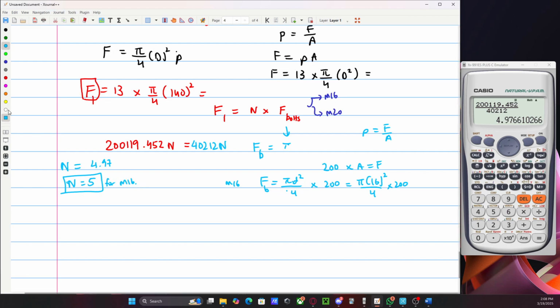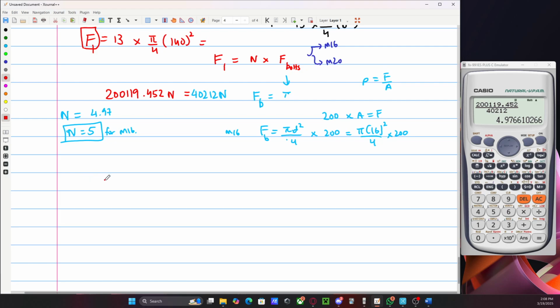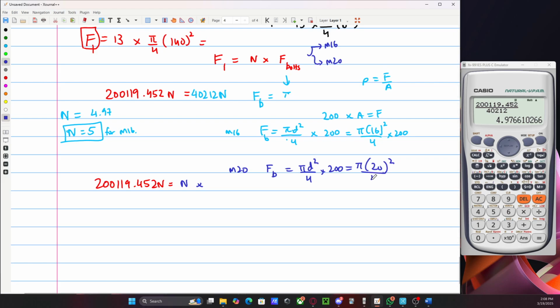Okay. Now let's try for M20. We do the same thing here. So again, this force here stays the same. What changes is our n and what it's multiplied by. So again, we will do FB for M20. This will be pi d squared over 4 times 200. This will be pi, and d is 20 here, squared over 4 times 200.